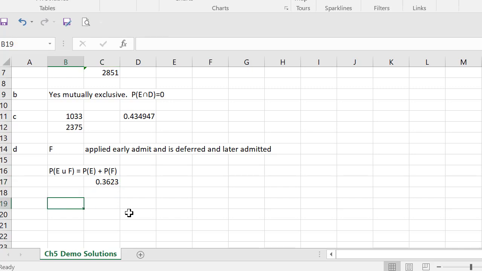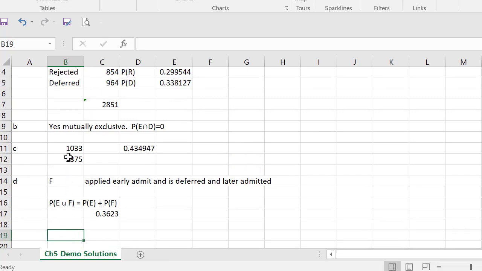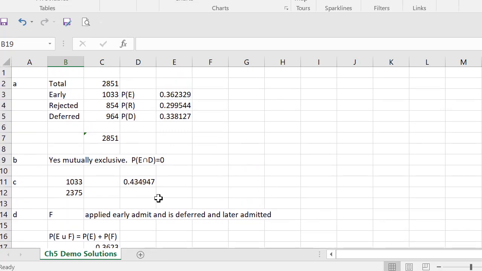We know from the past that the school admitted 18% of the deferred students, and we know the number of deferred students was 964.